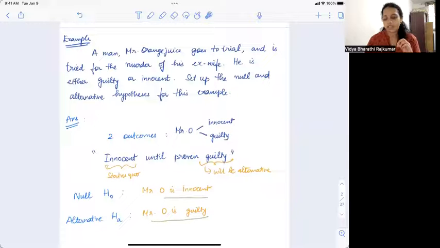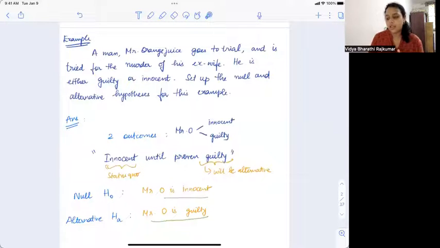Now, how will we write down the null and alternative here? A good way is to use the maxim, innocent until proven guilty, to guide our answer. We could consider Mr. O to be innocent, and until we find evidence to suggest otherwise, we're going to conclude that he's innocent and not guilty. Now, the status quo is that we're considering Mr. O to be innocent.